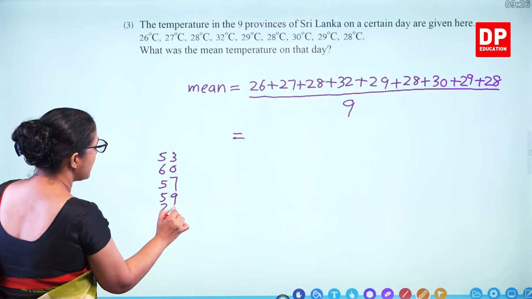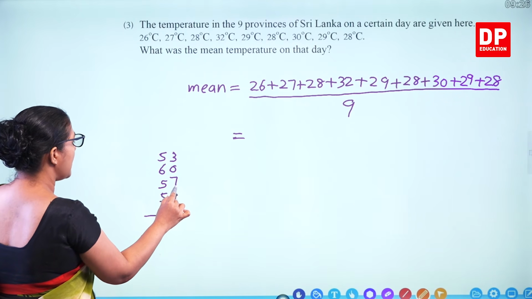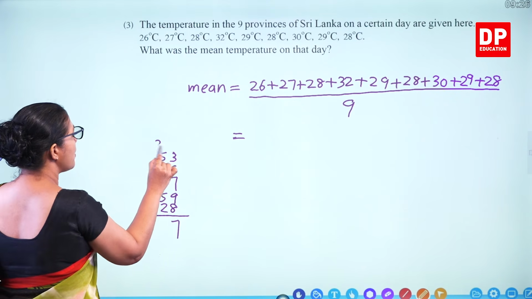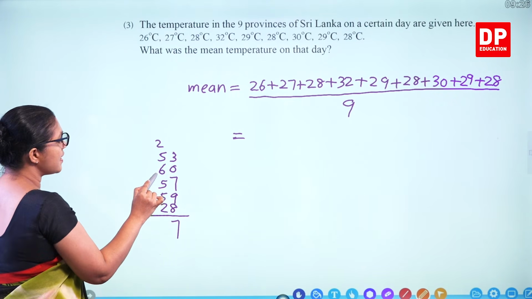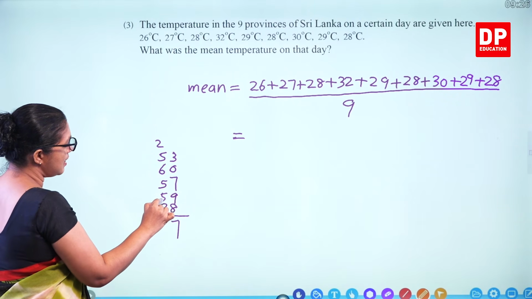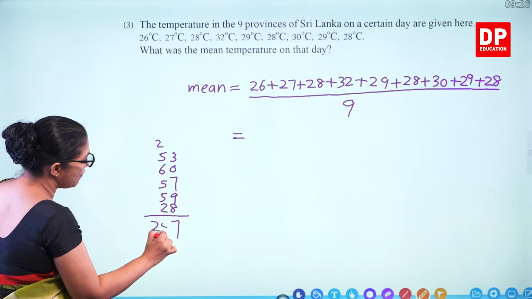And 28 is there. So we'll add it. 7 plus 3, 10, 19, 20, 27. 2 remaining. 7 plus 6, 13. 13 plus 10, 23, 23 plus 2, 25.